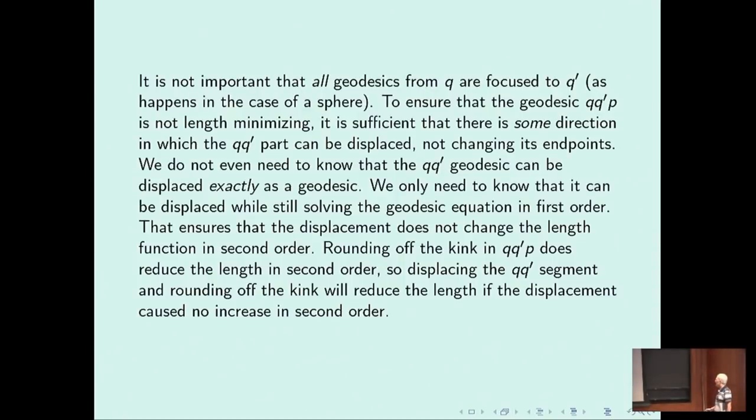But rounding off the kink does reduce the length in second order. So displacing the QQ prime segment and rounding off the kink will reduce the length if the displacement caused no increase in second order, or in other words, if the displacement came from a zero mode of the linearized equations, not necessarily an exact displacement that you can make to all orders.